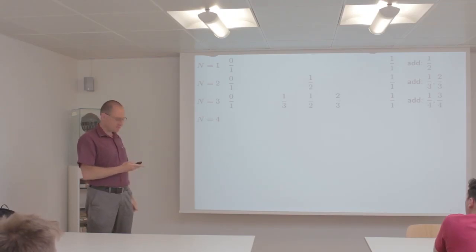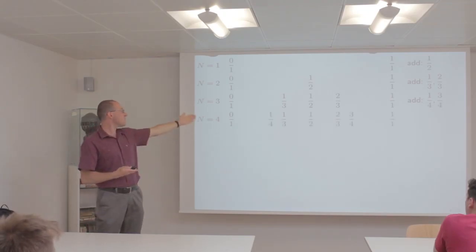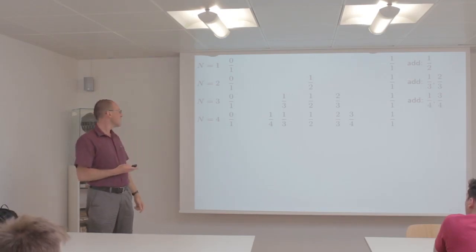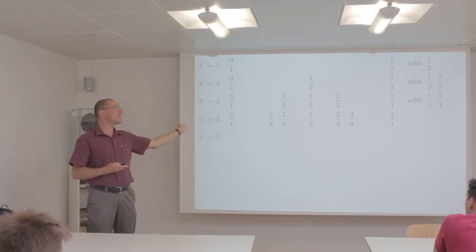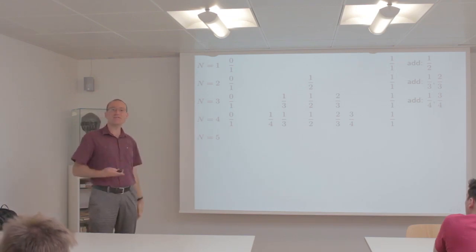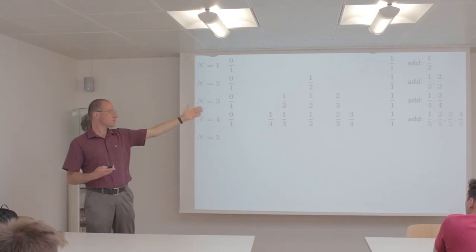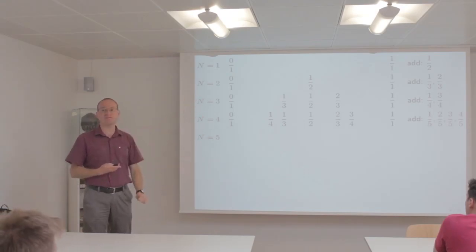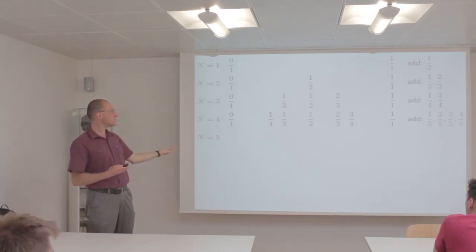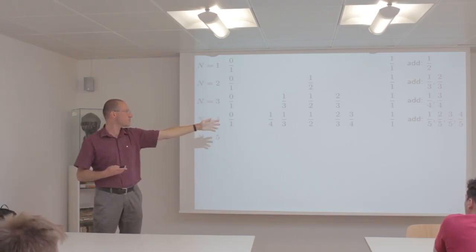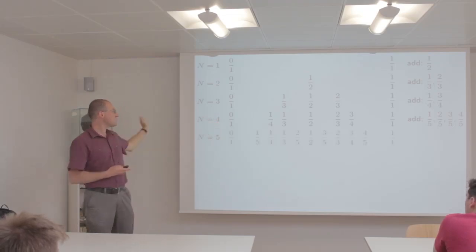Okay, 1/4 and 3/4. And place them: 1/4 less than 1/3, 3/4 is bigger than 2/3. Now we go to n equals 5. We have to add a lot of things. Now we have to add everything with denominator up to 5: 1/5, 2/5, 3/5, 4/5. And place them where they should be. 1/5 should come before 1/4. 1/3 is less than 2/5. It's 0.4, less than 1/2. So we place them there.